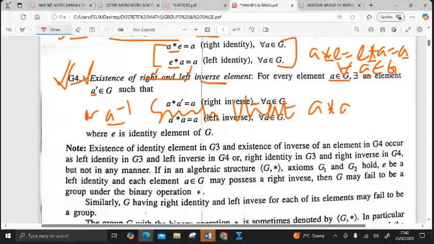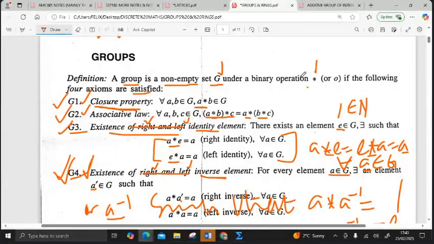Then you say A star A inverse, which is equal to A inverse star A. Of course, the binary operation we don't know, that is why we use the asterisk. Excuse me, it shouldn't be E there. This should be equal to E. This is the general identity element. We call it E. The inverse is either this or A prime.